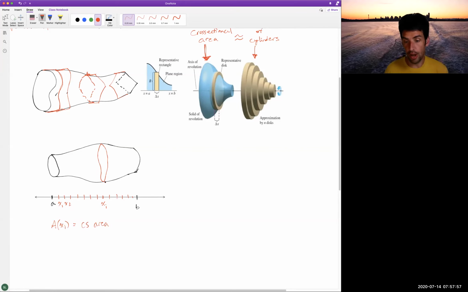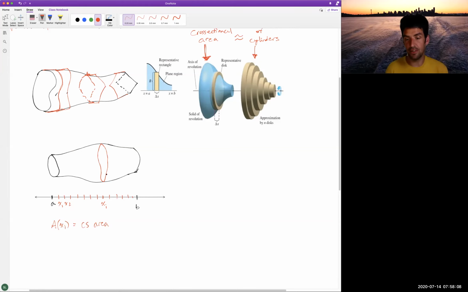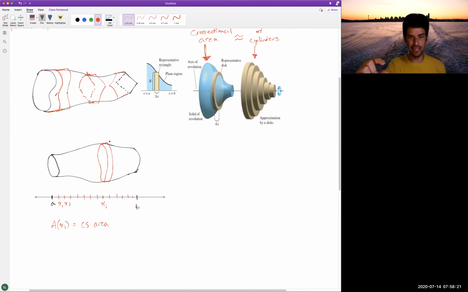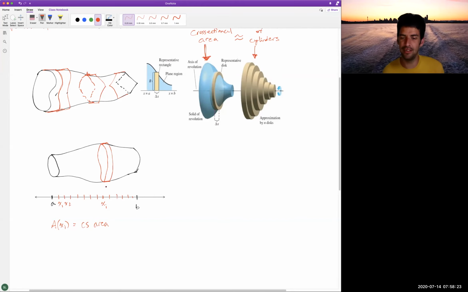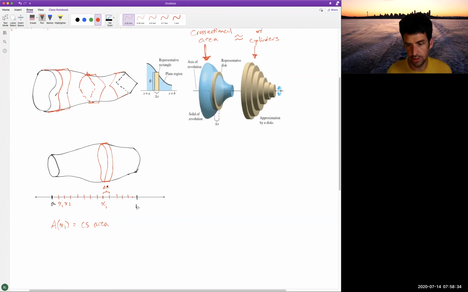Now, remember our slabs from the approximating discs, this collection of cylinders we looked at above. I'm going to pretend that the area at xi remains constant over this whole interval. You can see in my drawing that the actual volume narrows after we pass where I drew it, but I'm pretending it stays constant there. We'll call the width, as usual, delta x.